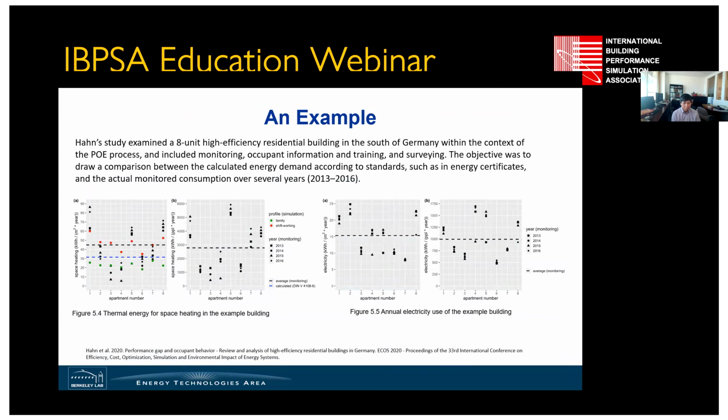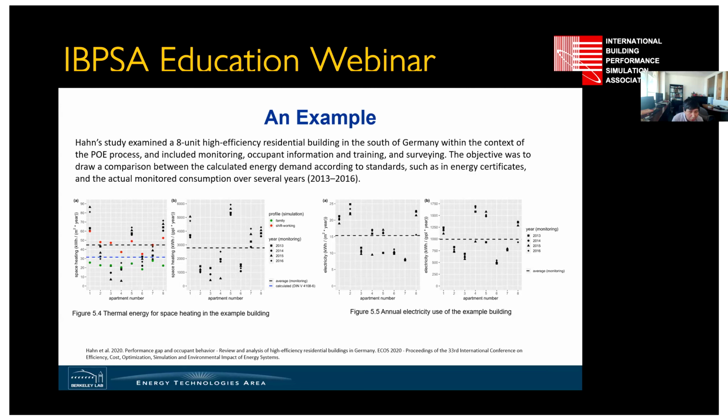So this is an example provided by Jacob Han, and it's an 8-unit high efficiency residential building in Germany. They have done this post-occupancy evaluation for multiple years, from 2013 to 2016, and basically tried to understand whether the building's operational performance meets the energy certificates, and also were interested in figuring out how the performance varies year by year.